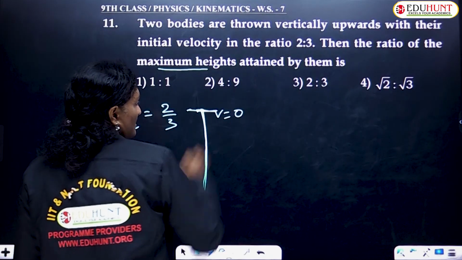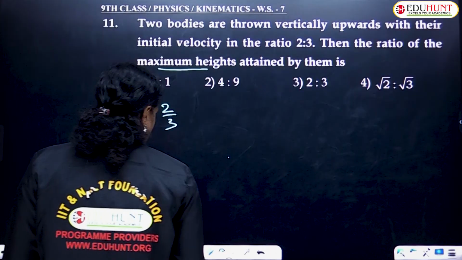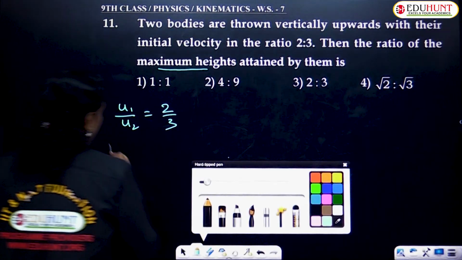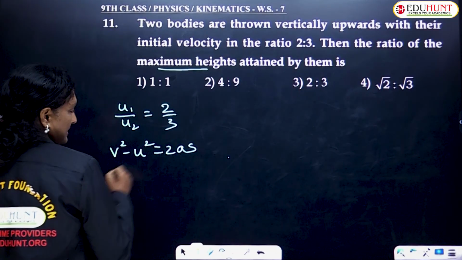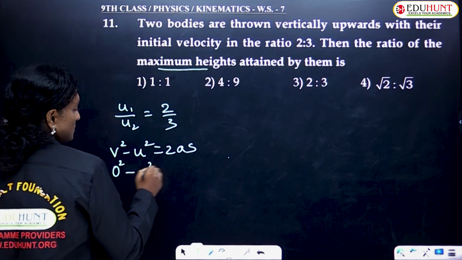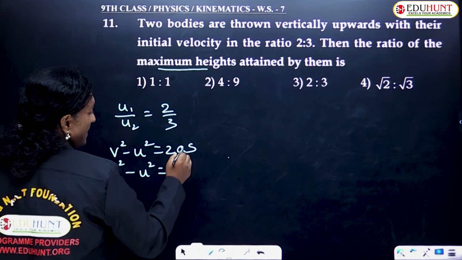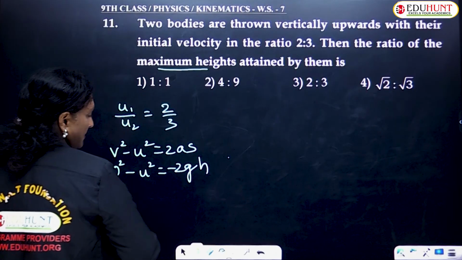So, final velocity for both cases is 0. Hence, by taking the formula v square minus u square equals 2as, v square means final velocity 0 square, minus u square, is equal to upward motion. Acceleration is taken as minus g, so 2 times minus g, and height is some h.